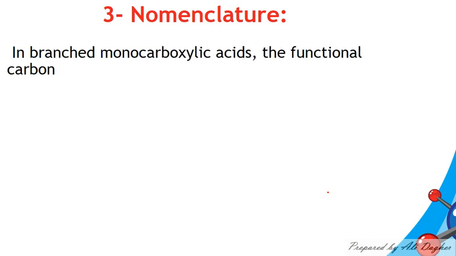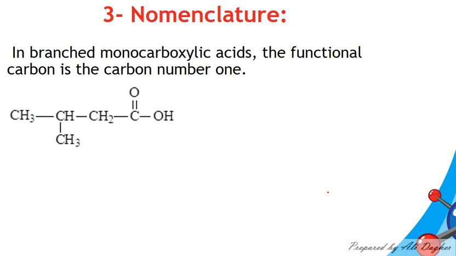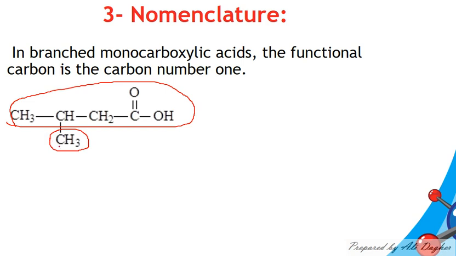In the case of branched monocarboxylic acids, the functional carbon, the carbon of the carboxyl group, is carbon number 1. For example, in this case we have the main chain formed of 4 carbon atoms and we have methyl as an alkyl group.